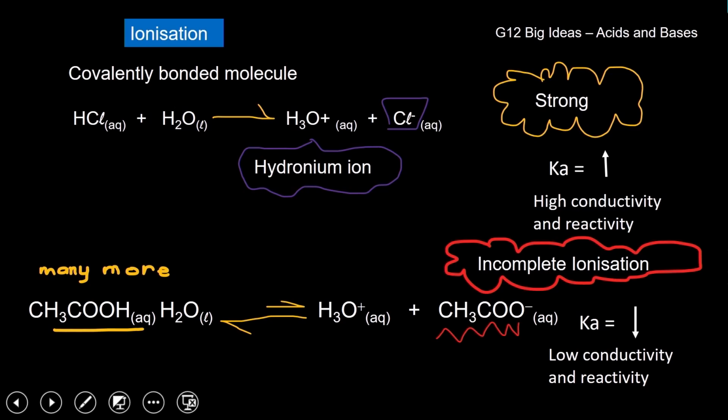Right, ionization, grade 12s, ionization. Ionization is the reaction of a covalently bonded particle or molecule with water and the formation of ions. So when we have an acid which is reacting with water and it's a strong acid, it is going to ionize completely.